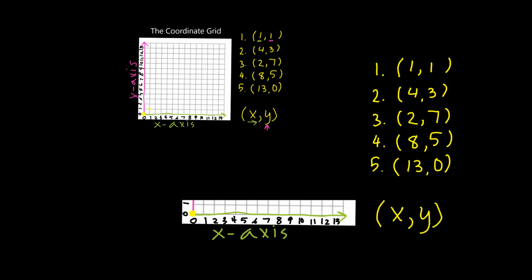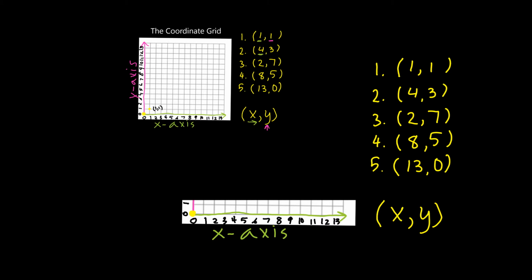Now when you plot a point, it's also good to go in there and label that point on your graph. So here I can put 1, 1 next to my point. Okay? Now let's try 4, 3. So this means that my x value is 4. So I'm going to the right 4 spaces.